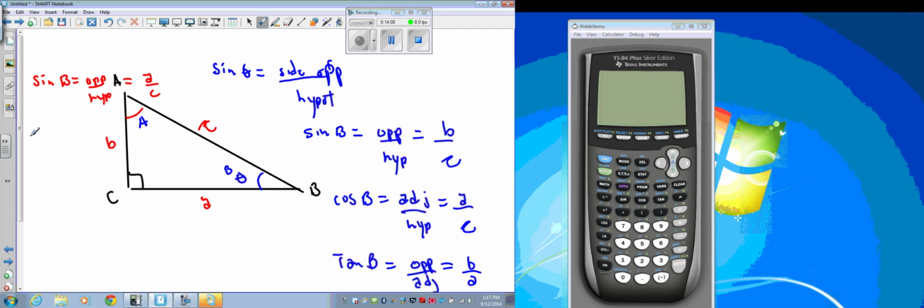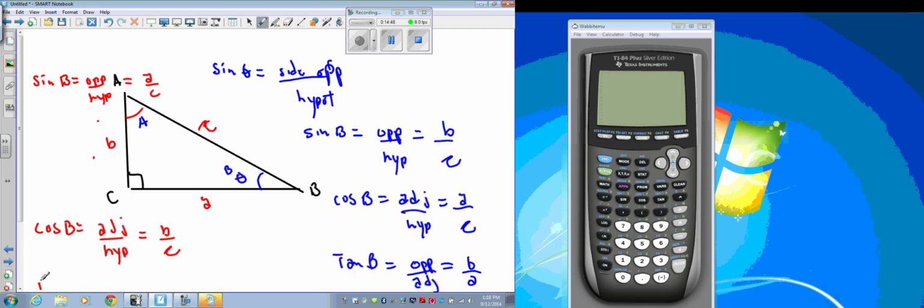And then the cosine of A is adjacent over hypotenuse, and the adjacent side to A is b, and the hypotenuse is c.